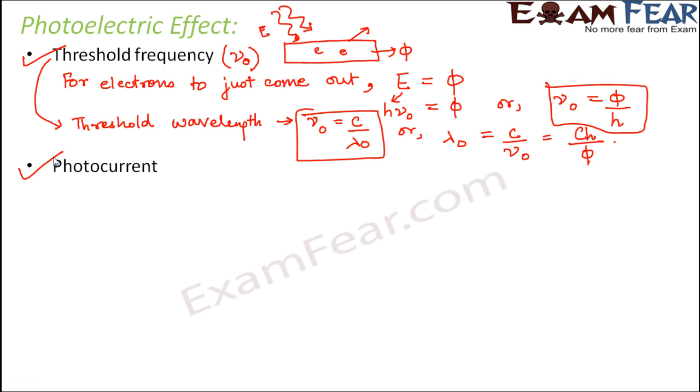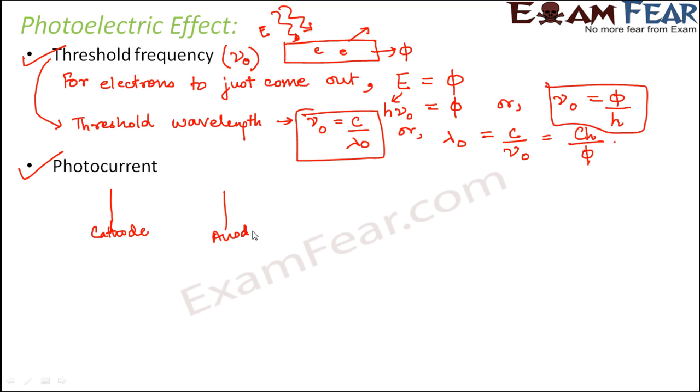When we try to understand the factors on which photocurrent depends, we perform a photoelectric experiment. And if we look at the setup of the photoelectric effect experiment, we see that in the setup we have a cathode and we have an anode, like this.